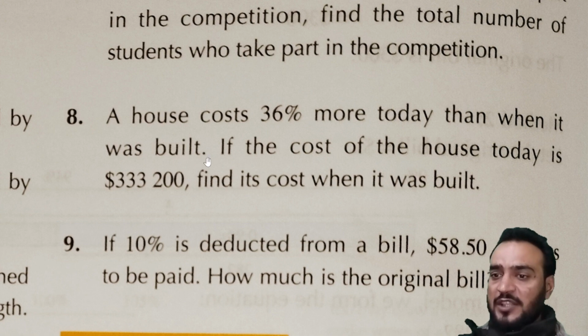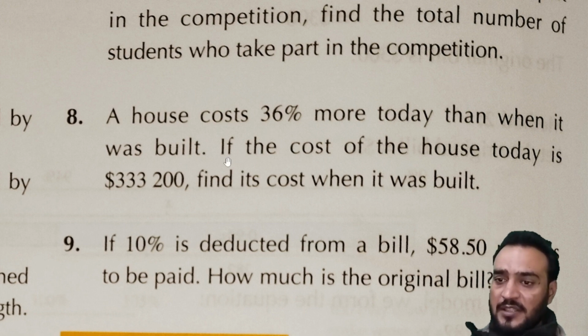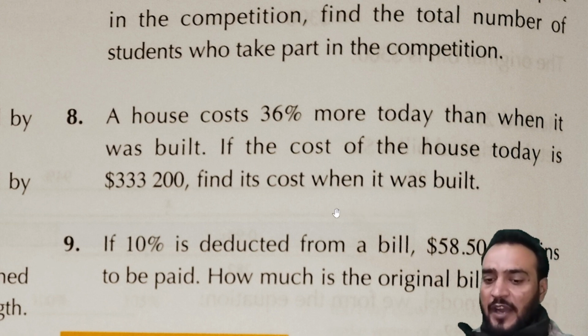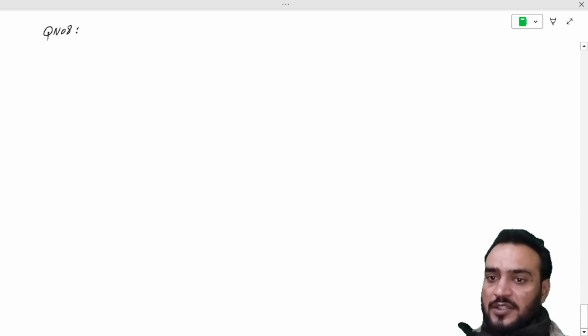Now it is more expensive, so it has 36% more value. If the cost of the house today is $333,200, find the cost when it was built. So we have to find the original cost.